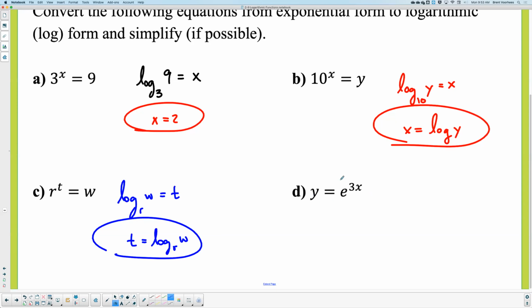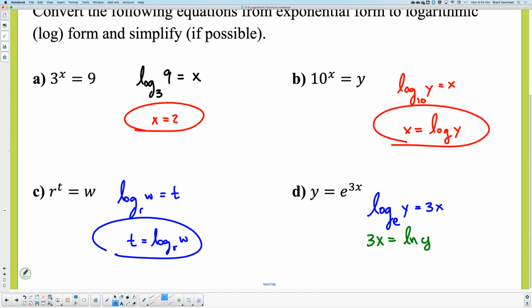Okay, and then what about here? Log, what's our base? E. Y equals 3x. So if I wrote this again, I could write 3x equals, instead of log base e, what can I write instead?